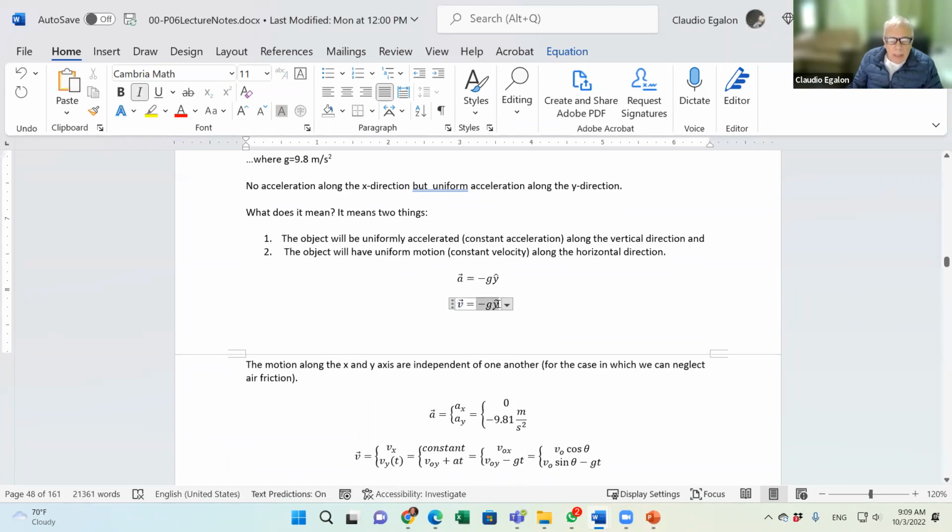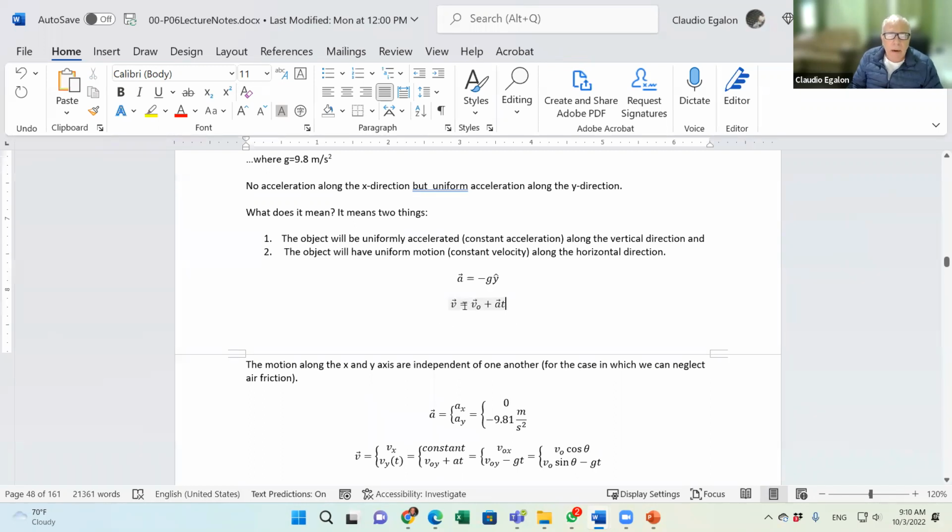Is going to be V naught plus a t, just like before. Just like before, but now the a is going to be a vector, okay? V naught plus a t. Make sense? I didn't finish that.